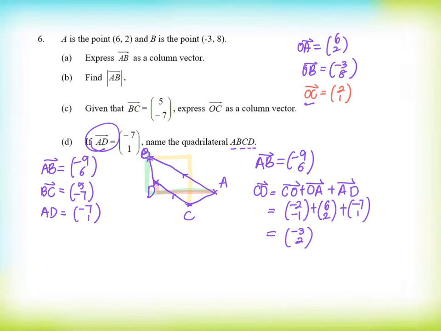What do we observe about the vectors AB, (-9, 6), and CD, (-3, 2)? Well, it can be observed that AB is 3 times CD.